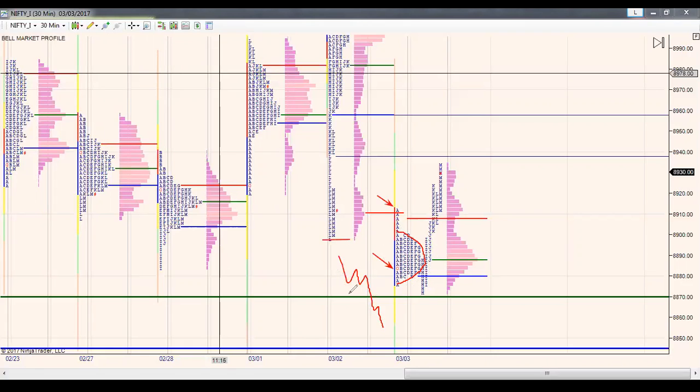One was that this expected behavior was not happening, so it suggested that bears were not that strong, or have at least momentarily lost control of the auction. As well, the value was forming clearly below the spike low, or you can say this small distribution. Now, this was a bearish development, and not getting the expected follow through was in favor of buyers.